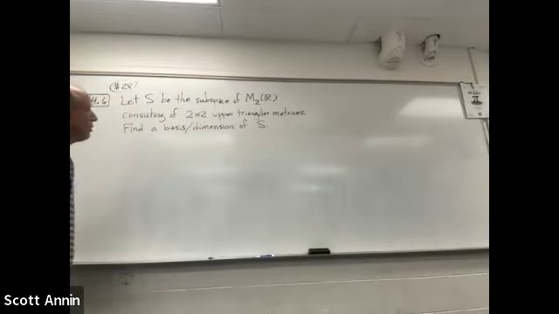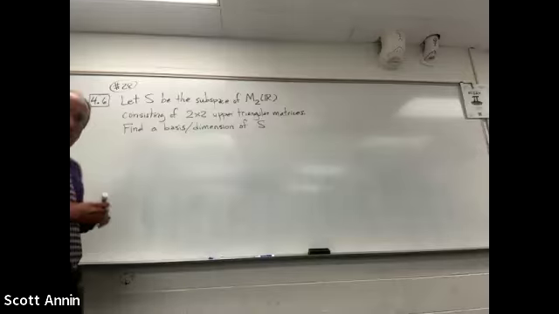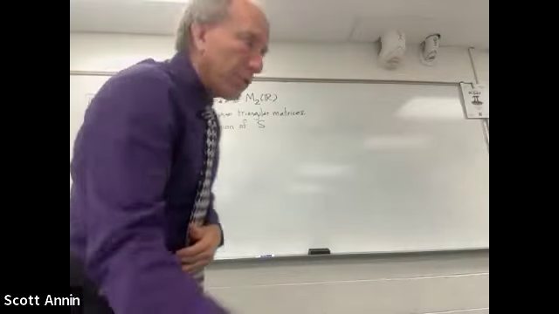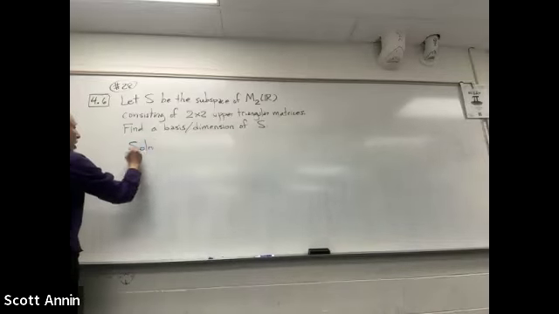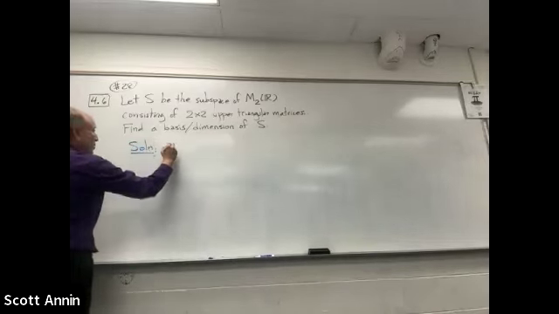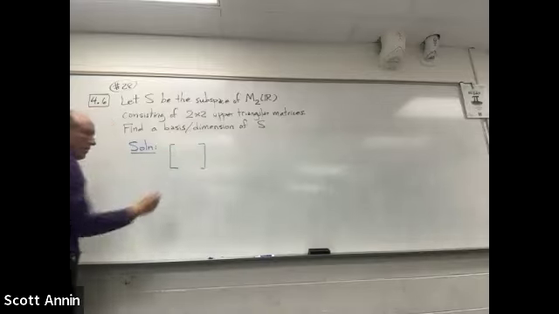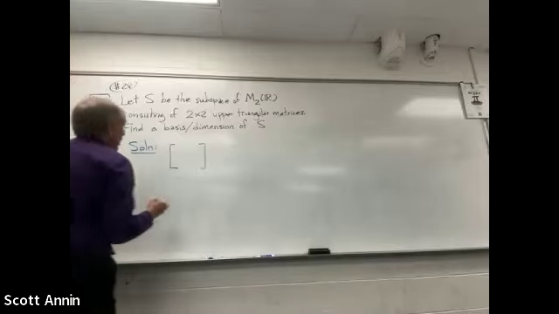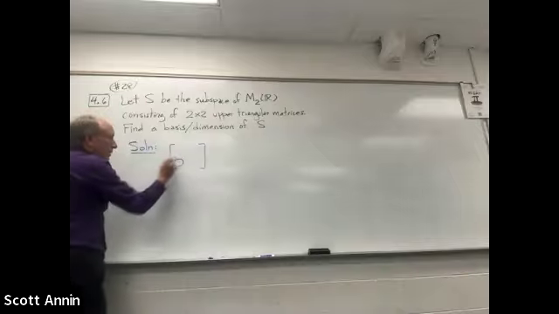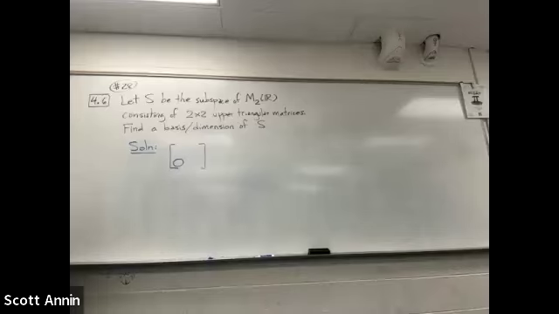So what I would recommend that we do is, first of all, make sure we know what kind of vectors these are. These are going to be 2x2 matrices, but they need to be upper triangular. So that just means there must be a 0 in the lower right corner.